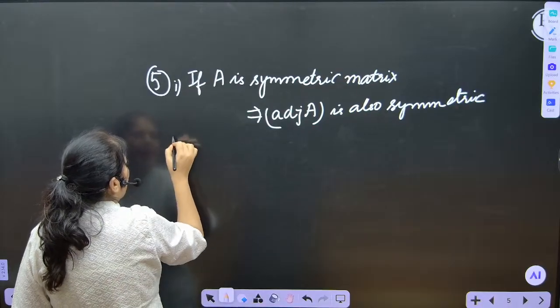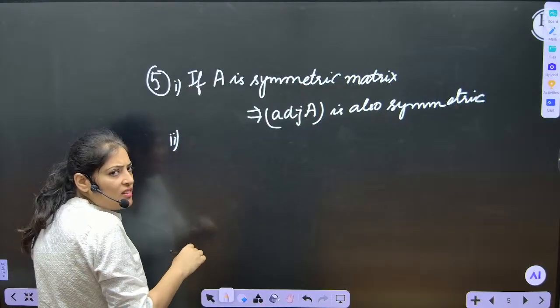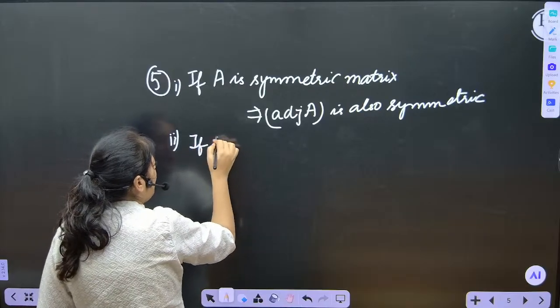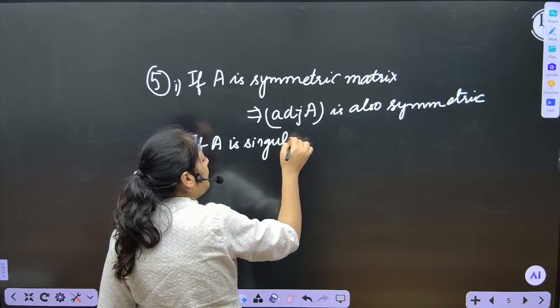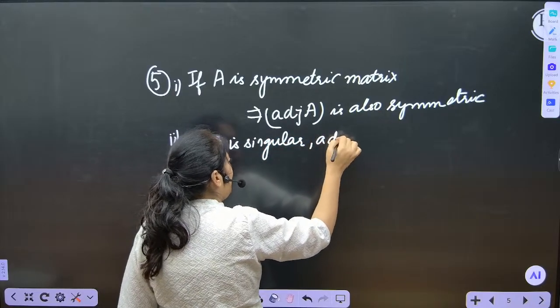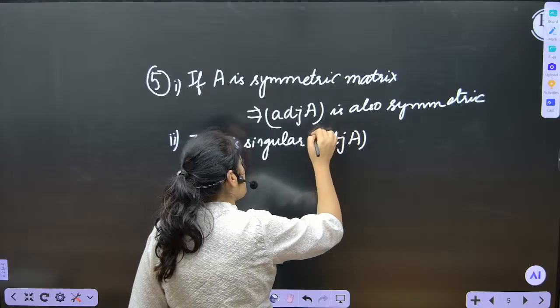This I am bifurcating into 4 parts. If A is singular, adjoint of A is also singular.